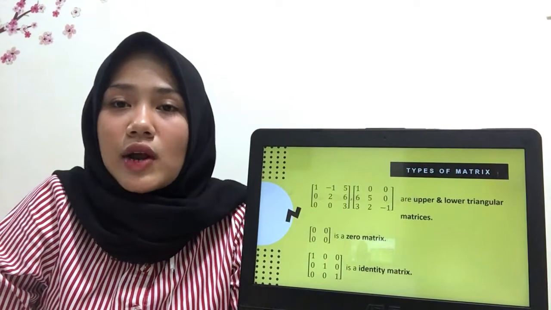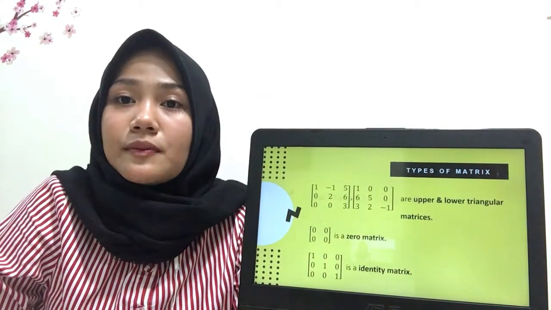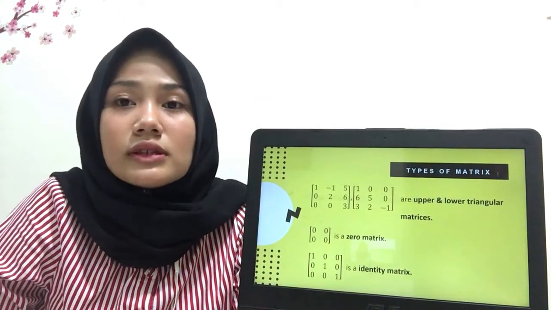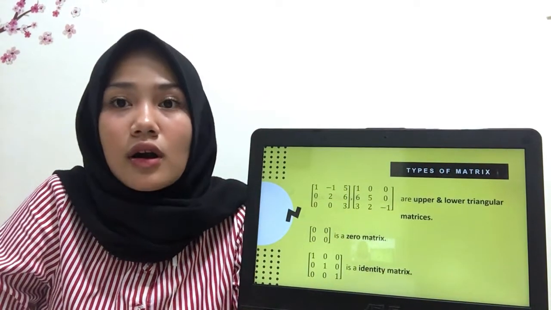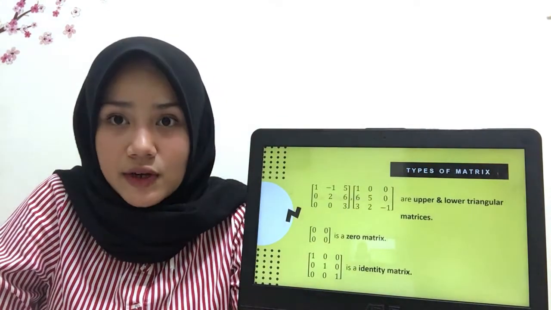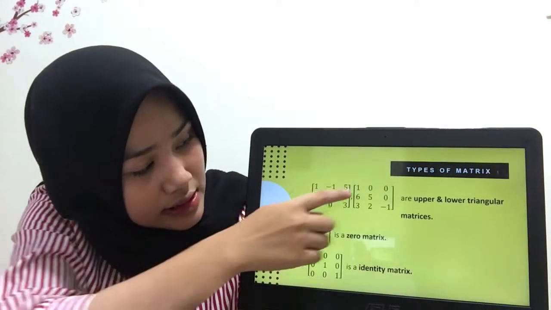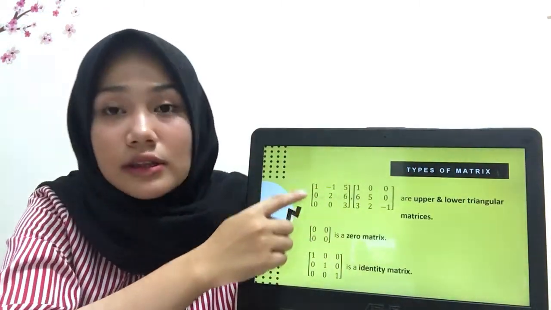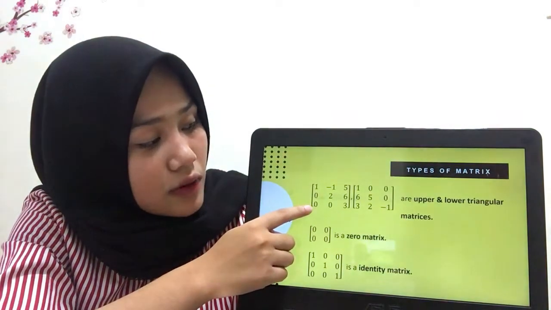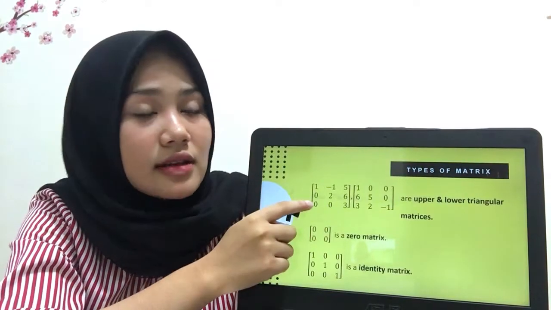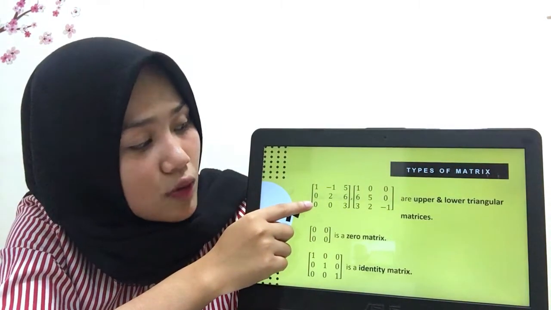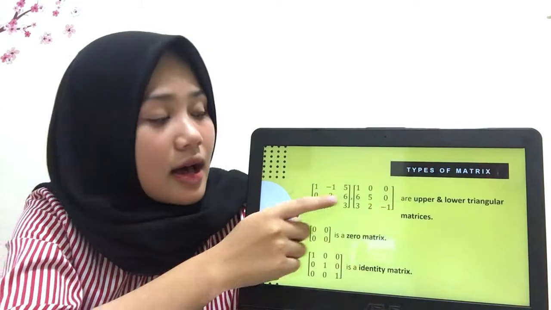Upper and lower triangular matrices are matrices in which all elements in the upper or in the lower part of the main diagonal are 0. For example, this matrix. All elements in the lower part of the main diagonal are 0. So we can say that this matrix is a lower triangular matrix.